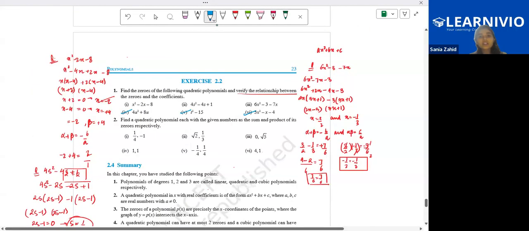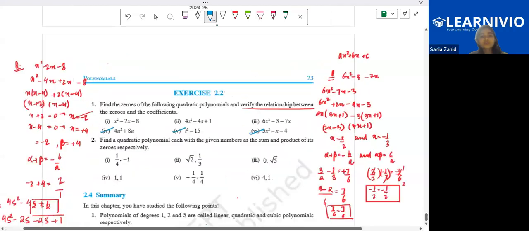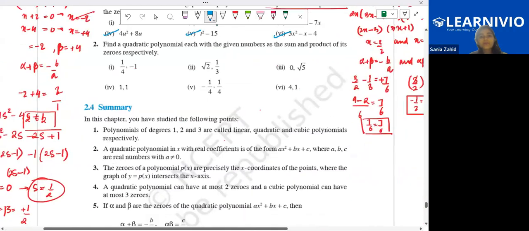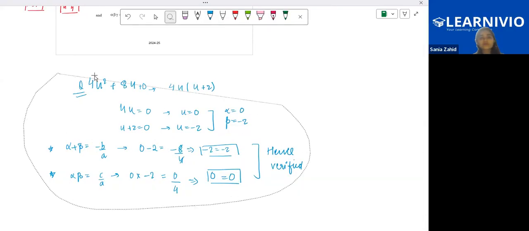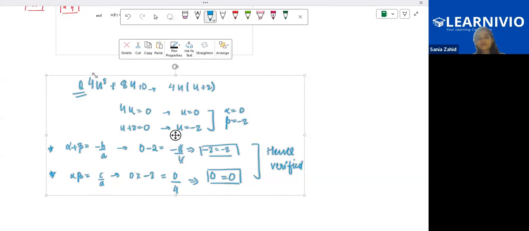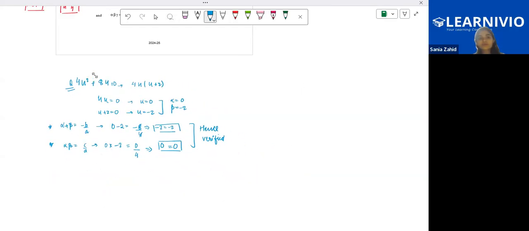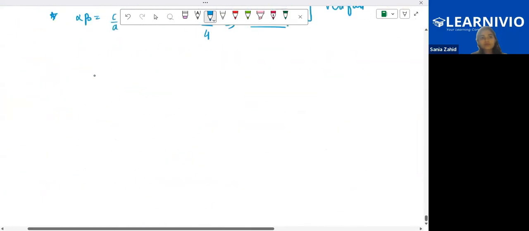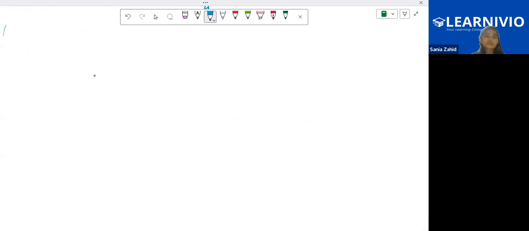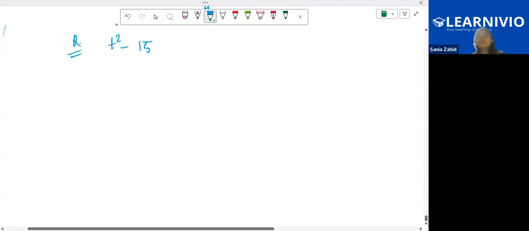Next we have t square minus 15. T square minus 15. If you look very carefully here, how are you going to factorize this?